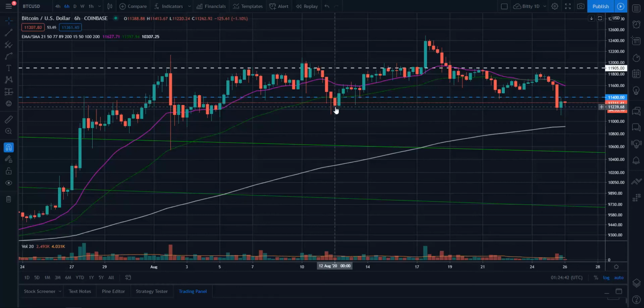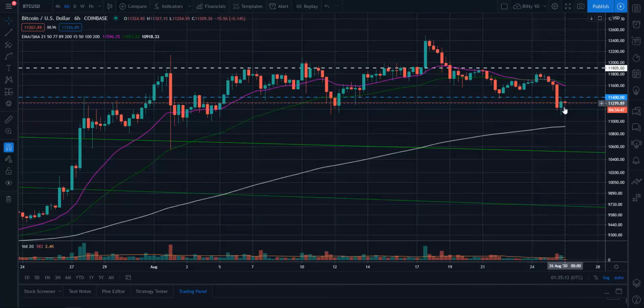Back on the 11th and 12th of August, we kind of had a similar breach of that support line, only to regain this area again and then come back through the $12,000 line to kind of get a fake out here and then trade back within this range. So from the action I'm seeing so far, not feeling like this is a breach of this support line yet.